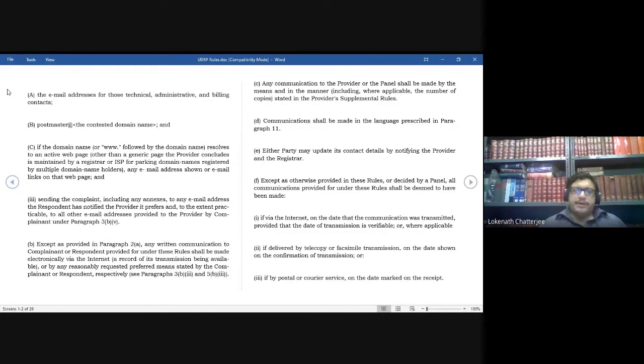So when the complaint is sent, as you can see, all documents should be attached with the complaint. Now F shows the proof of communications.